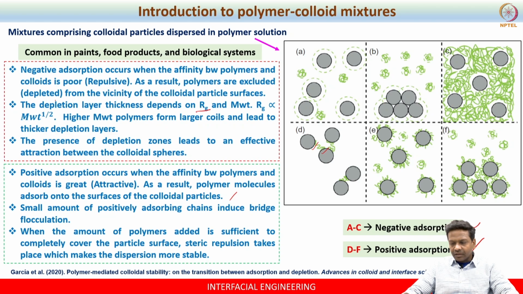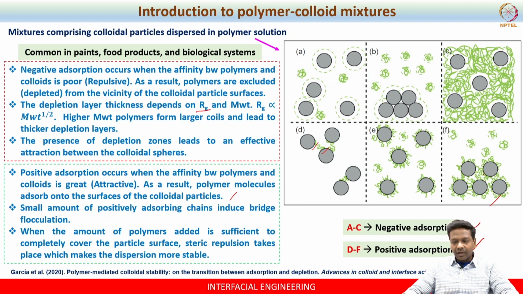This scenario, figure F, corresponds to the case when you deal with a higher concentration of polymer. In such a case, what will happen is, when you have a concentration slightly higher than what is required to completely cover the surface, this free molecule will go in between the neighboring particles.